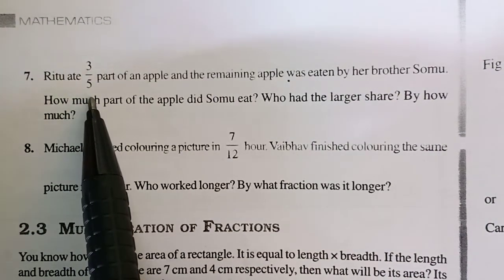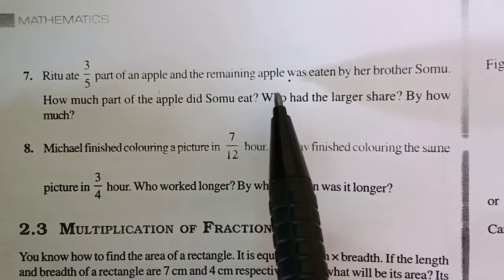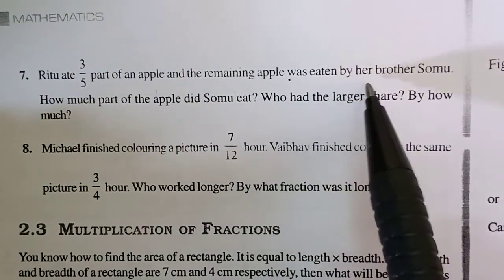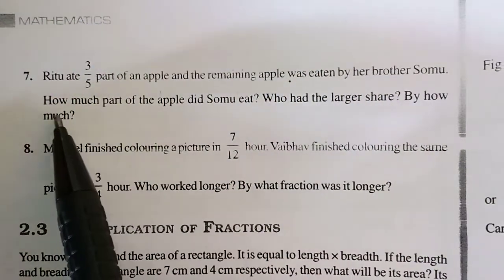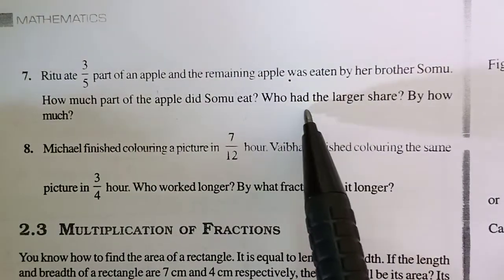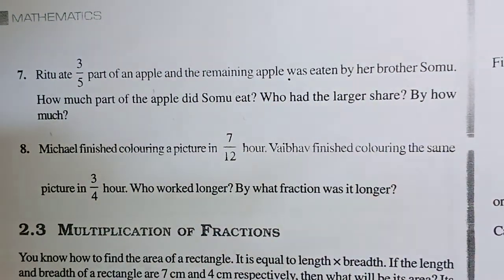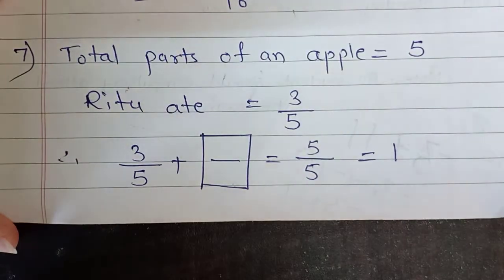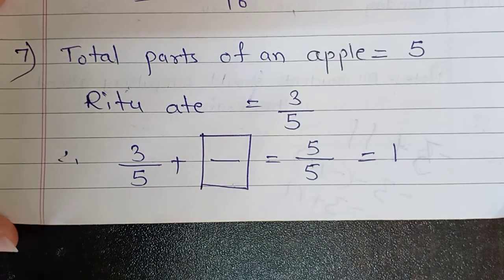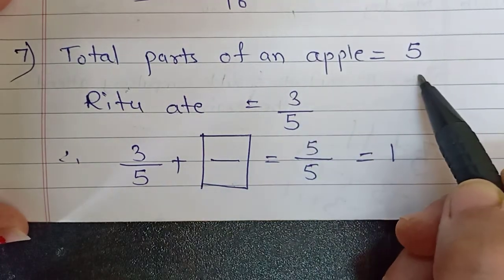Ritu ate 3/5 part of an apple and the remaining apple was eaten by her brother Somu. How much part of the apple did Somu eat? Who had the larger share, and by how much? Let's solve this. Since the share eaten by Ritu was 3/5, it means they have made equal parts.